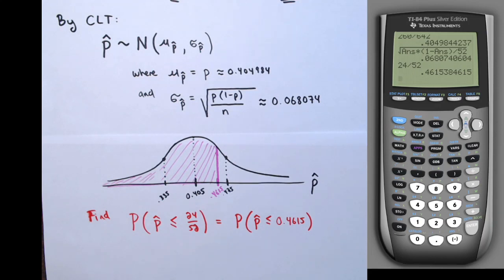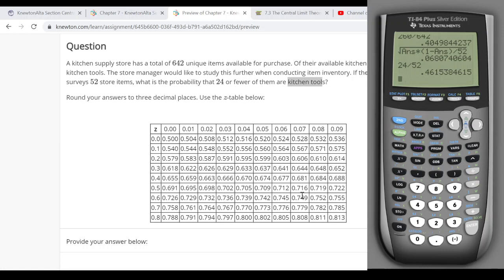Now, I can do this in two different ways. One is using this standard normal table they gave us. Now remember, z-score is just how many standard deviations above or below the mean a value is.